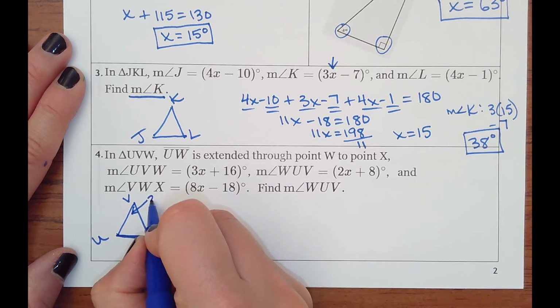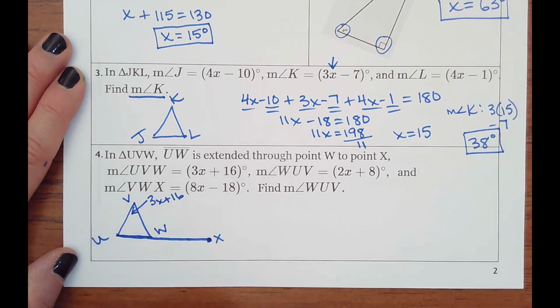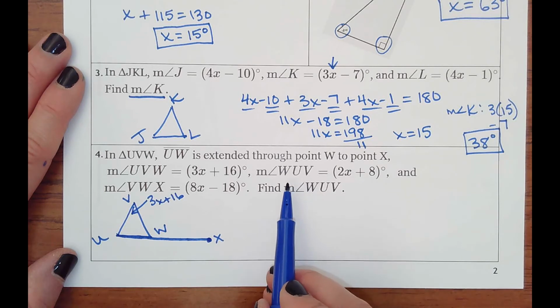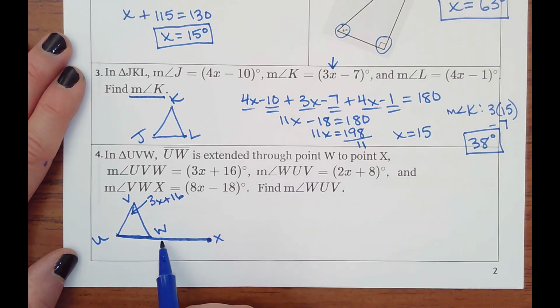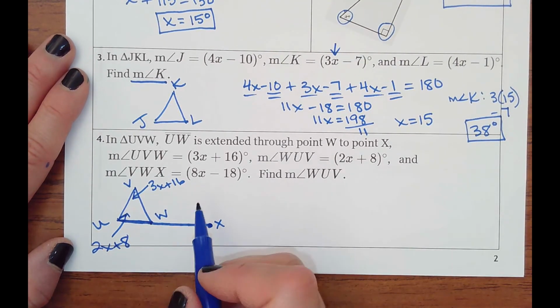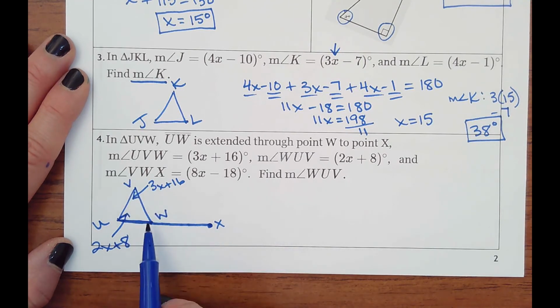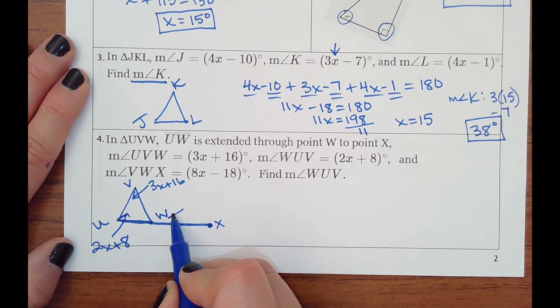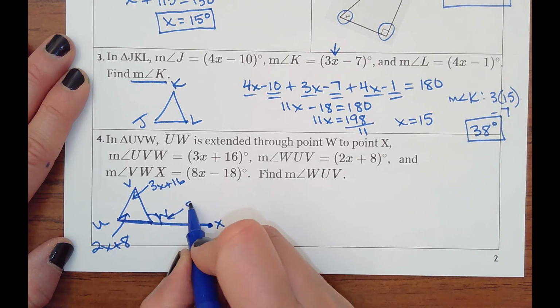This is 3x plus 16. And then the measure of WUV, W to U to V, would be here, is 2x plus 8. And the measure of VWX would be this exterior angle here, is 8x minus 18.